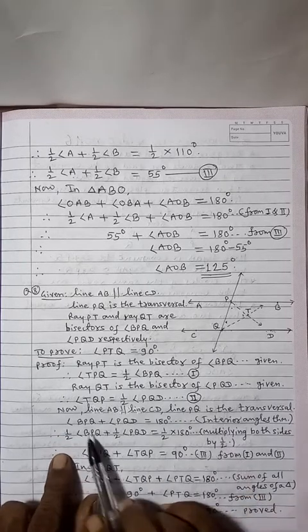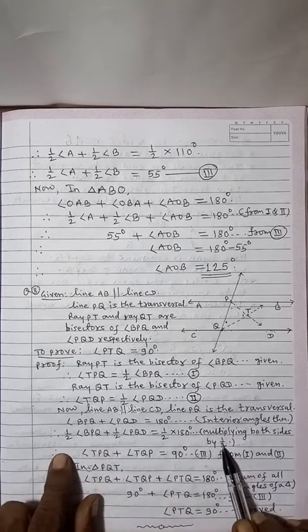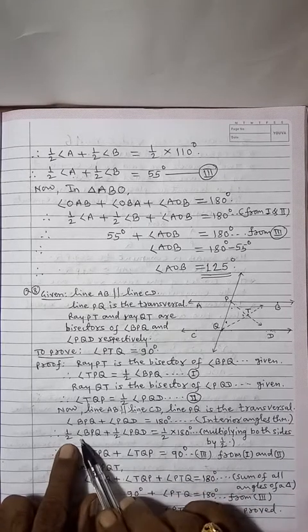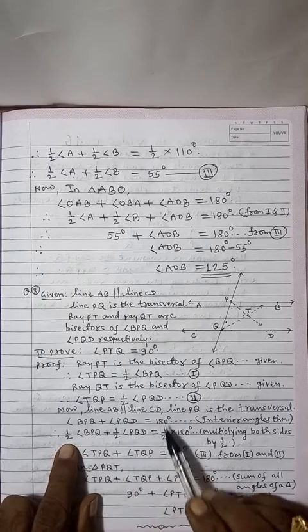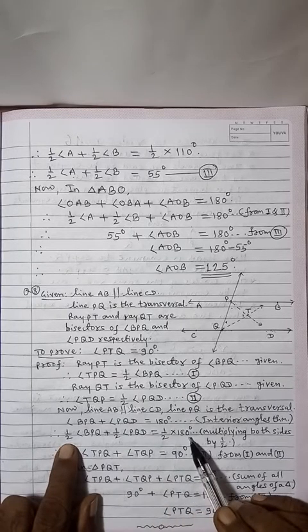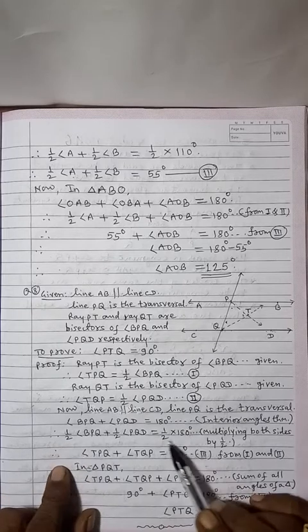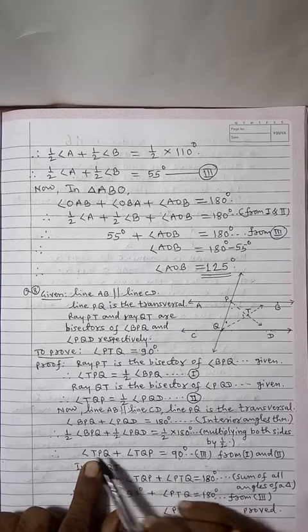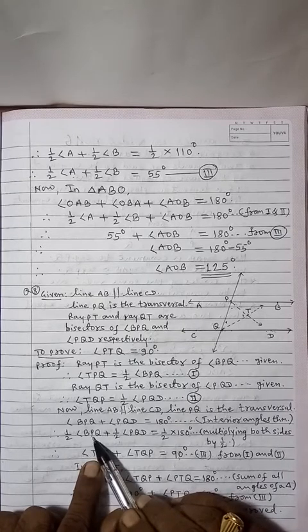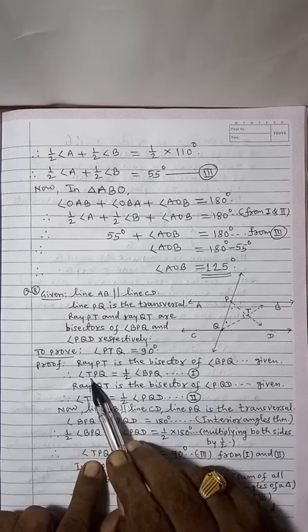Now pay attention. Multiply both sides by 1 upon 2. So half of measure of angle BPQ plus half into measure of angle PQD is equal to half into 180 degrees. Okay, this gives us 90 degrees. Now, half into measure of angle BPQ is angle TPQ, result number 1.